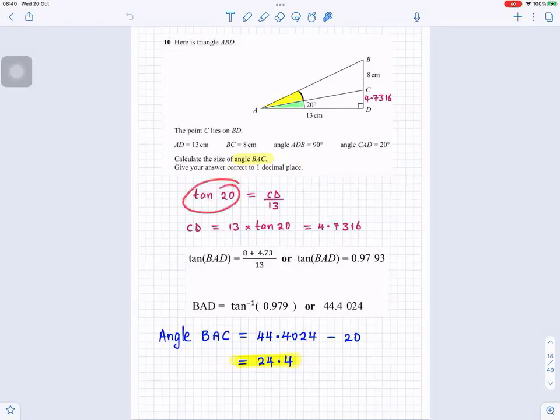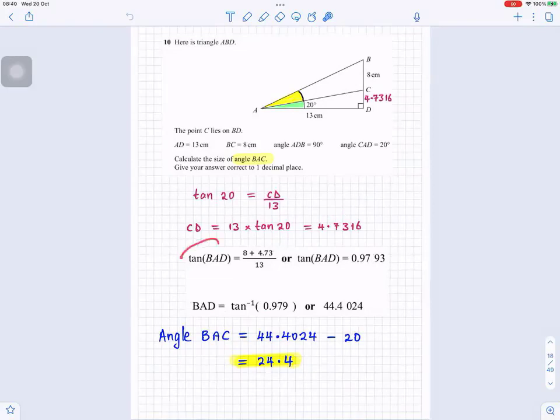Using tangent of 20. Tangent of 20 is opposite over adjacent. Opposite is CD. Adjacent is 13. So CD is equal to 13 times tan 20, which gives you 4.7316.